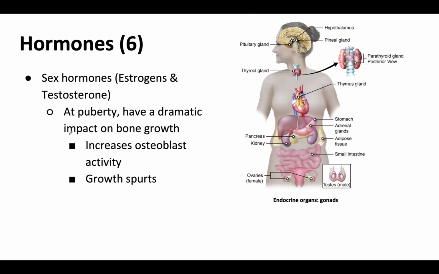At puberty, these hormones have a dramatic impact on bone growth by increasing osteoblast activity that really promotes those growth spurts that can occur during puberty. As you might imagine, the sex hormones' effects are certainly not limited to just affecting bone, and you will discuss those roles in other areas of the course, specifically when you're talking about the endocrine system.